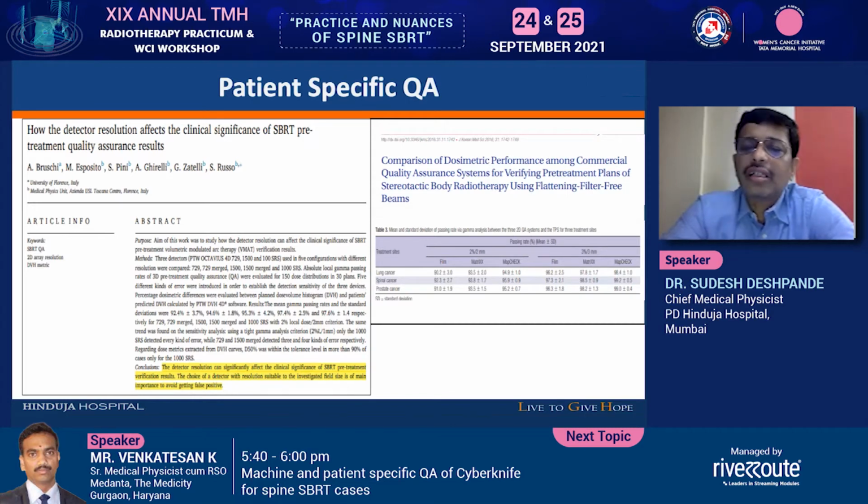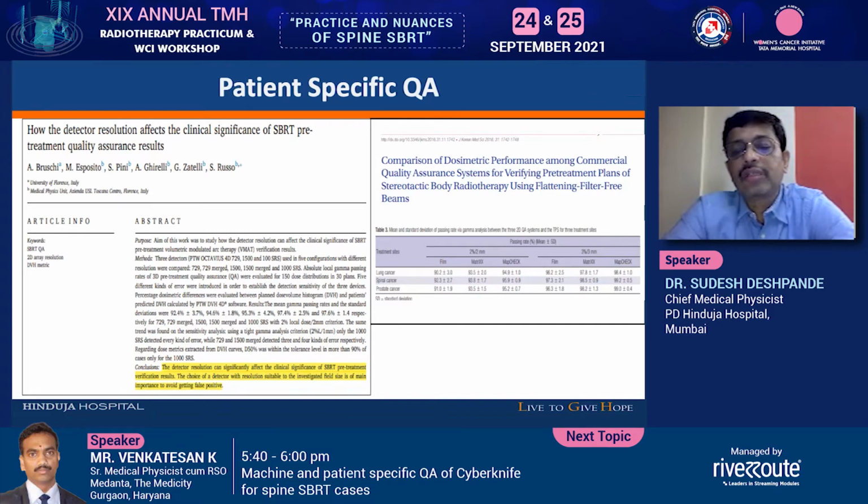This is another paper along the same line as the earlier paper, where they did measurements for SBRT patients: lung, spine, and prostate cases. They compared the film results with the MatriXX and the MapCHECK, which we generally use in our department for conventional IMRT and VMAT QA.